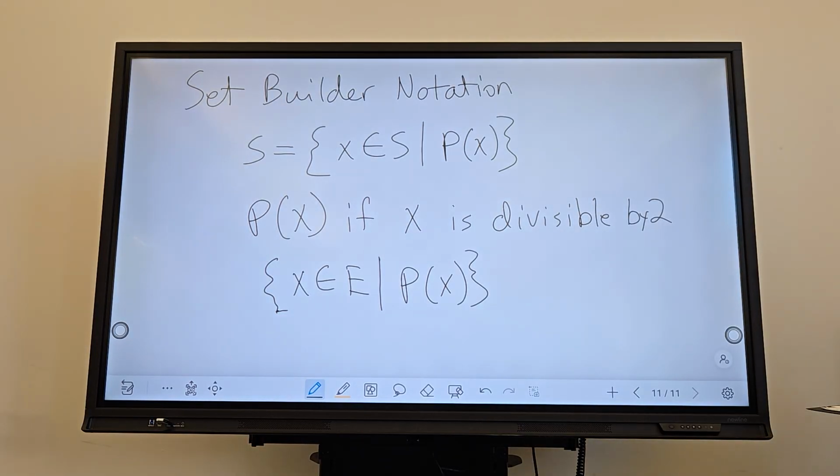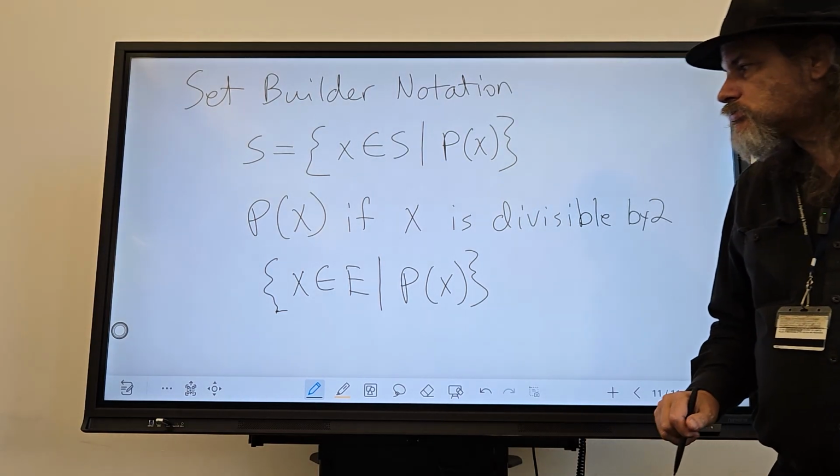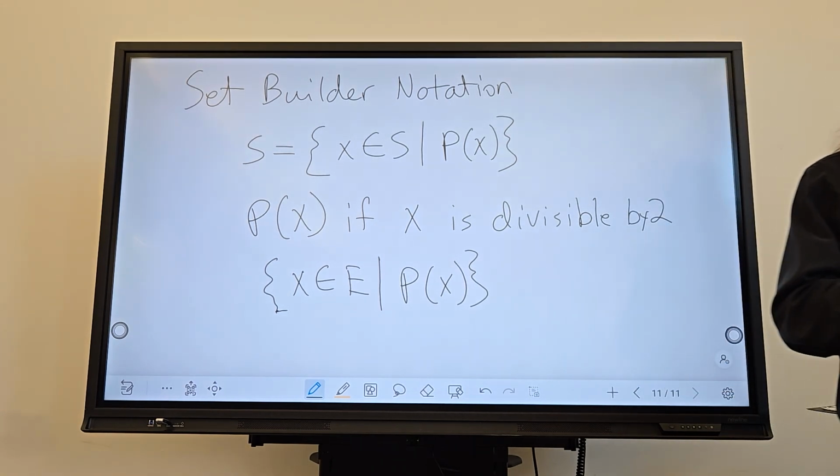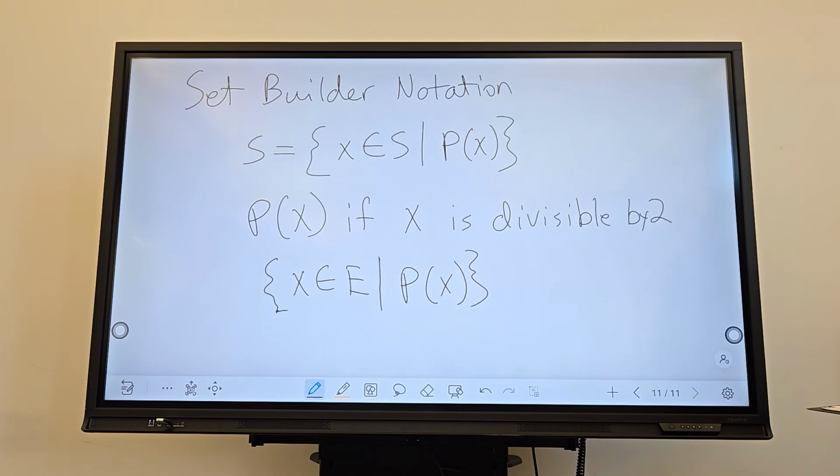The vertical line means such that. So it's defining an infinite set in this case without using the ellipsis, just using a conditional.